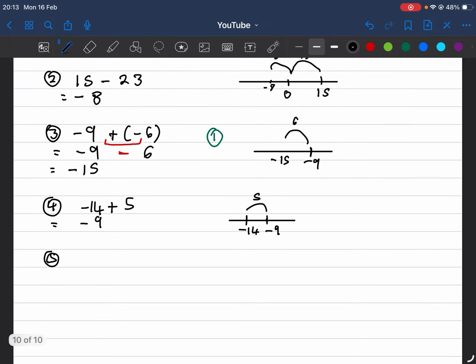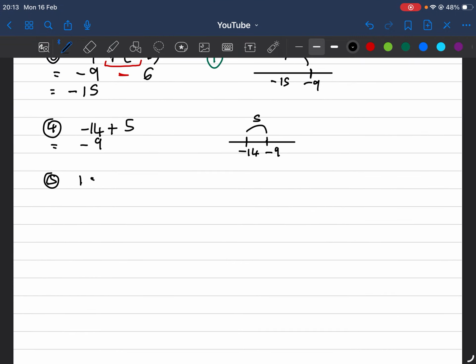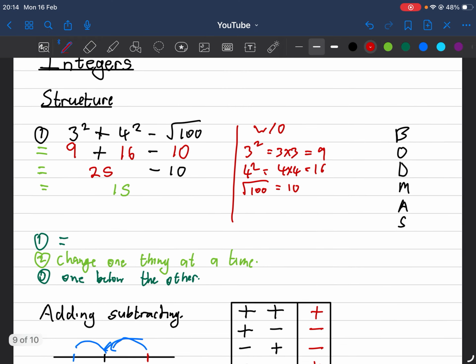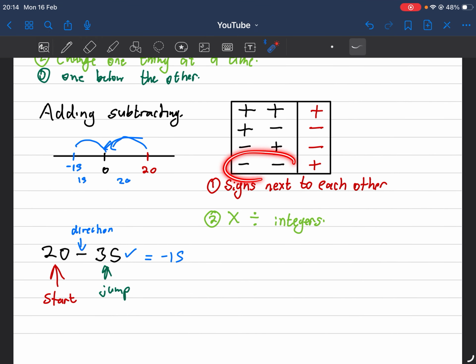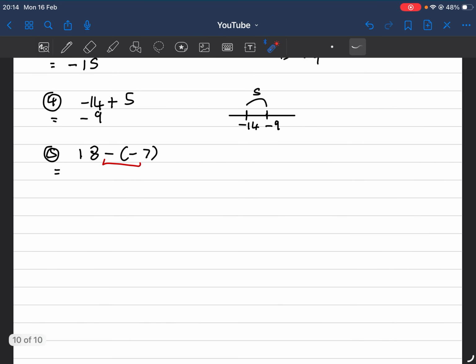Number 5. 18 minus negative 7, equals. We've got one of those situations with two signs next to each other, and two negatives next to each other will give you a positive. So we're going to go ahead and add our positive and just put the rest of the stuff down.